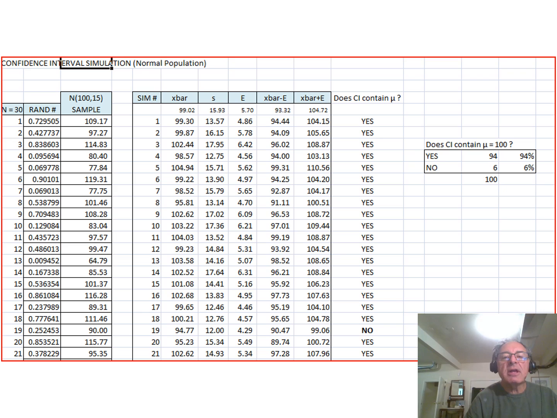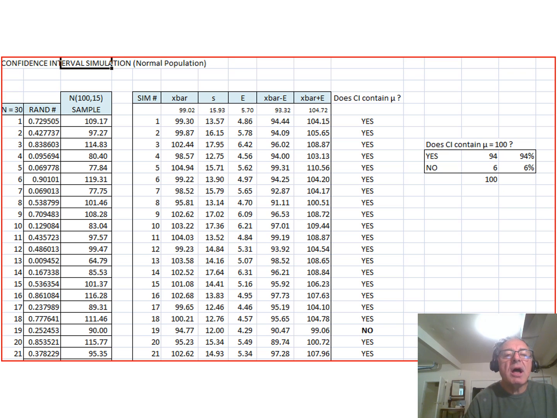So I'm simulating over and over again 30 sample random numbers. I'm taking normal samples from them, and I'm calculating X bar and S.